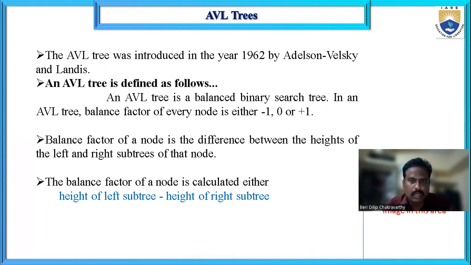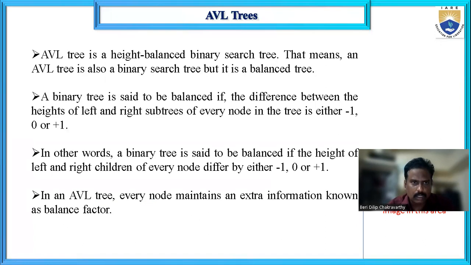We need to make any tree an AVL tree. An AVL tree is a height balanced binary search tree. That means an AVL tree is also a binary search tree, but it is a balanced tree. Whatever steps and things we have seen in binary search trees all apply in AVL trees also.